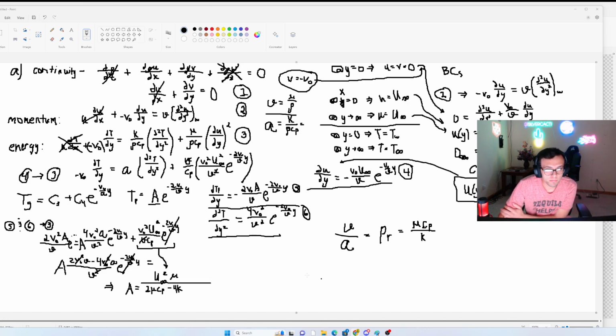So let me write out what the denominator would be. Again, it's 2 viscosity minus 4 alpha viscosity. Or no, just 4 alpha. Oh, just 4 alpha. Times Cp. Wait. The top is just mu.